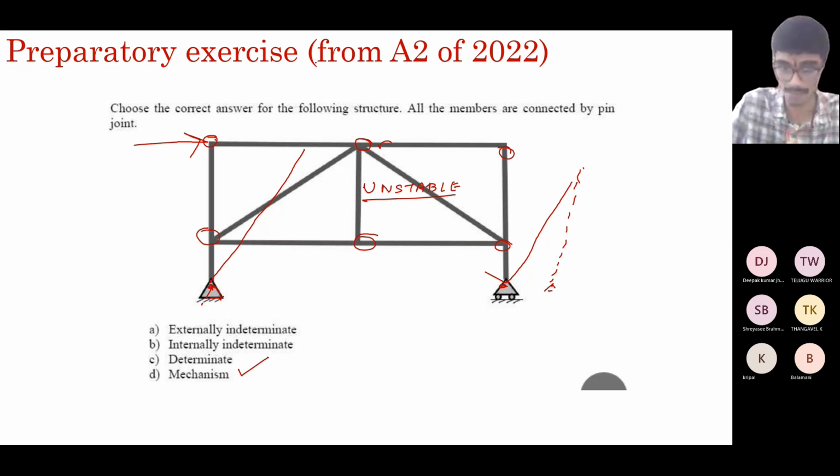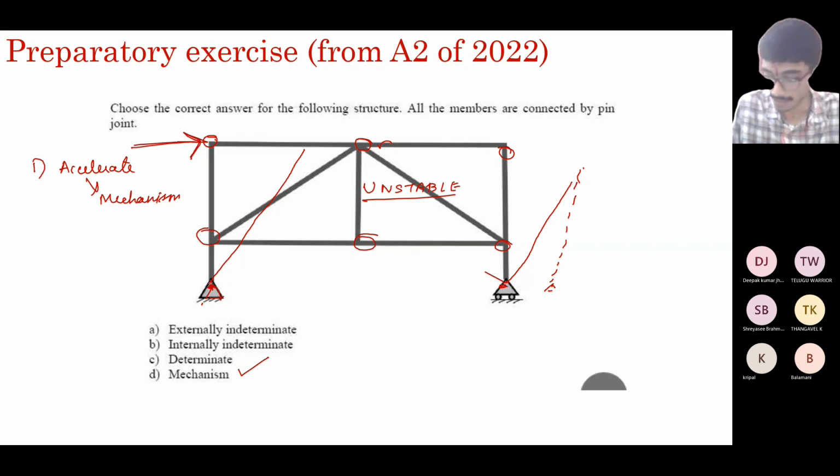As I said in the first introductory session, a structure should not accelerate. If it accelerates, it is a mechanism. Under a small perturbation like this, if you apply a certain load, the support should be adequate that it resists the applied load and generates some reaction so that the structure deforms. It shouldn't accelerate. In this case, it accelerates and forms a mechanism. So it is neither statically determinate nor indeterminate. It doesn't matter. It is a mechanism.